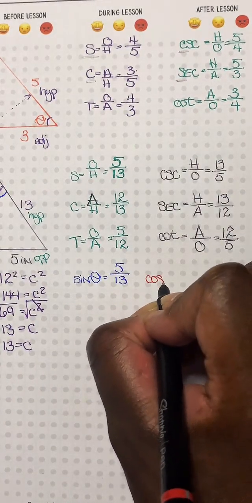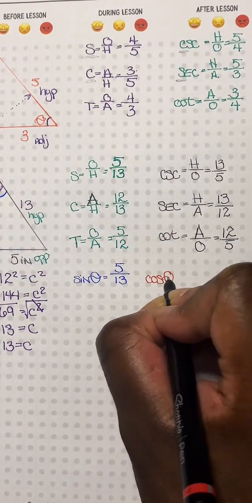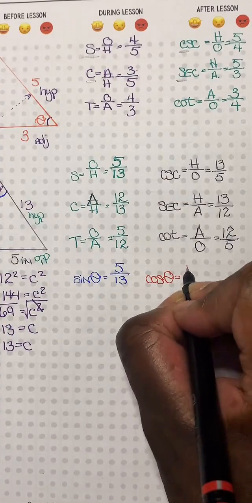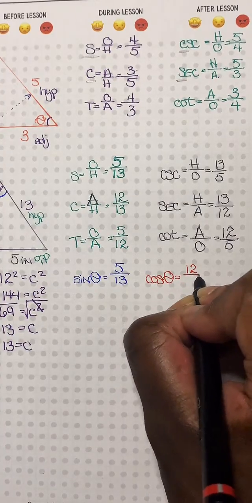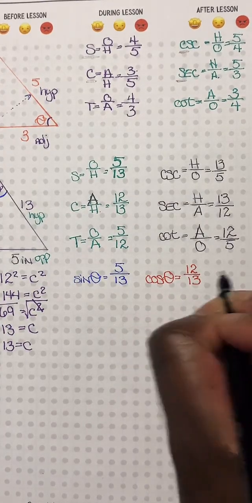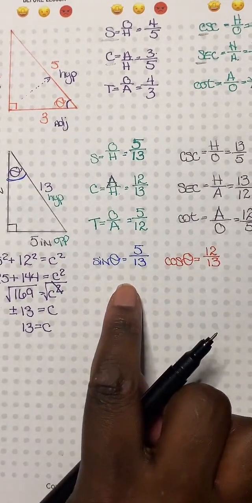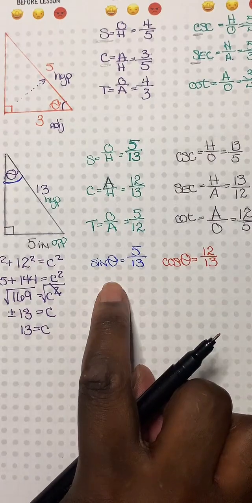We're going to solve it separately, but I just want to set everything up. So like we said, cosine is going to be 12 over 13. Okay. Let's work on sine first.